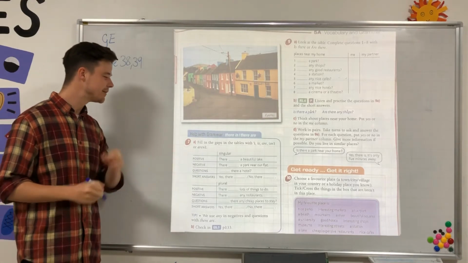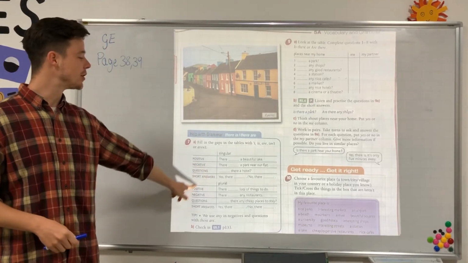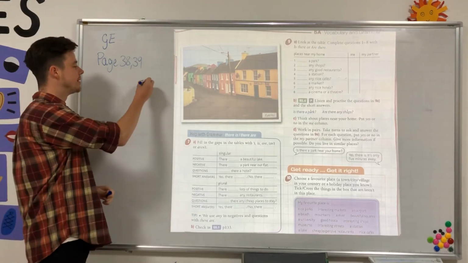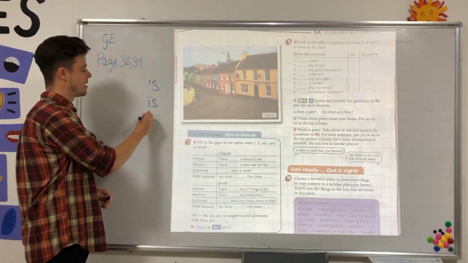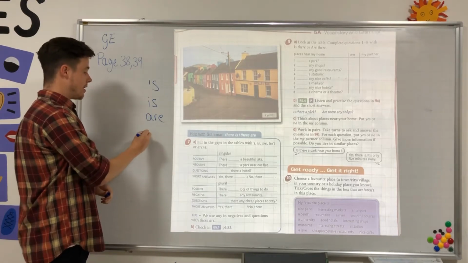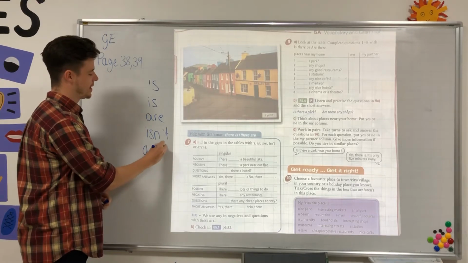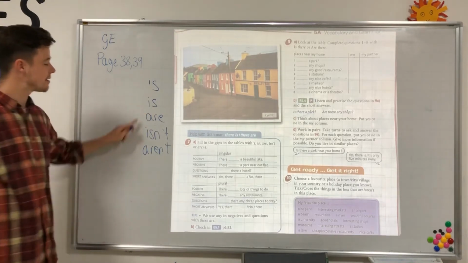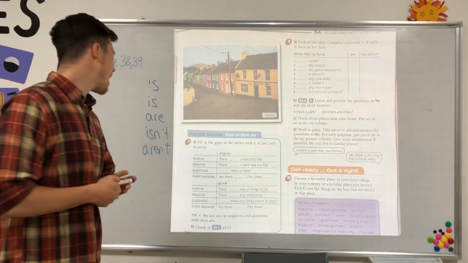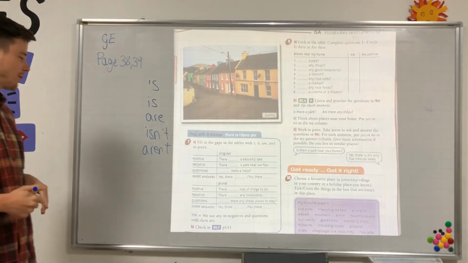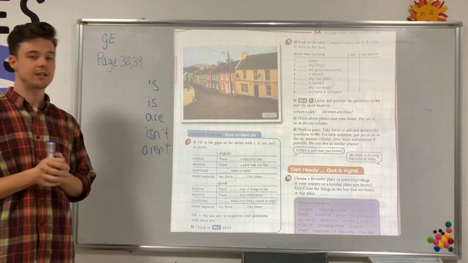So part 7 says fill in the gaps in the table with apostrophe S, is, are, isn't, and aren't. So we must think which is positive and which is negative.